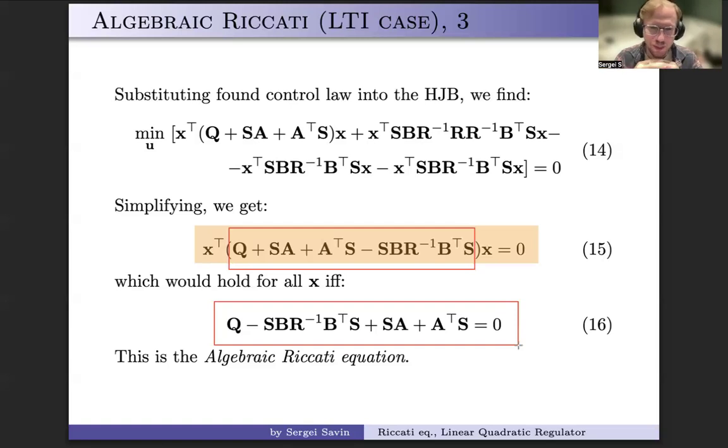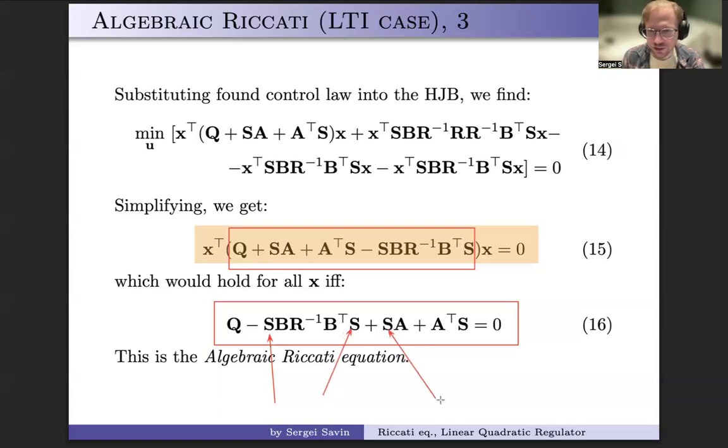Now, the algebraic Riccati equation is the backbone of LQR. It is used in a great number of other derivations. But for us, what is important is we solve the algebraic Riccati equation to find S. S is unknown in this equation.